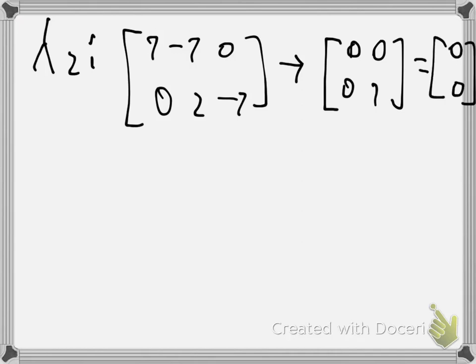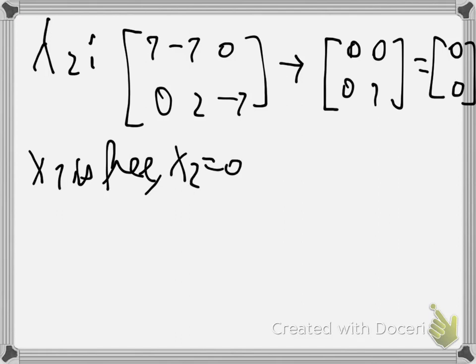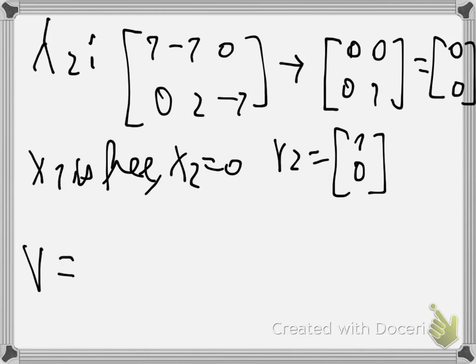So I get that x1 is free and x2 is 0, and so v2 will be 1, 0. And so here it's also a unit vector. So I have V is equal to first v1, so 0, 1, and then v2, 1, 0. Okay.